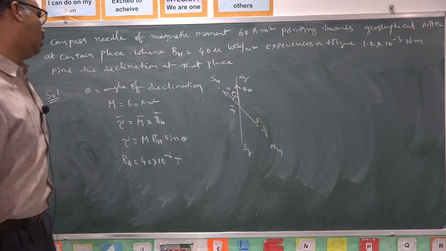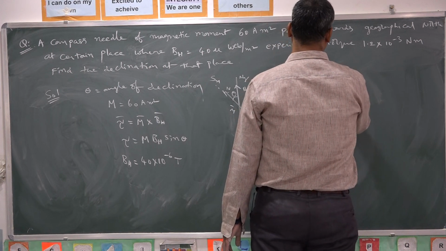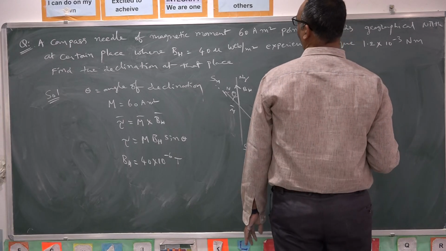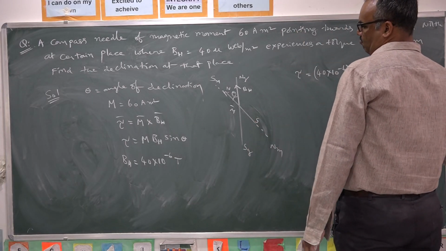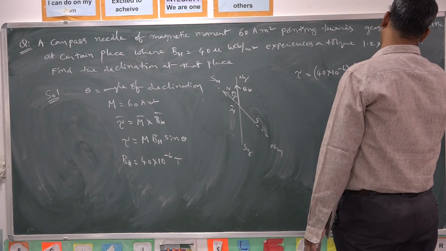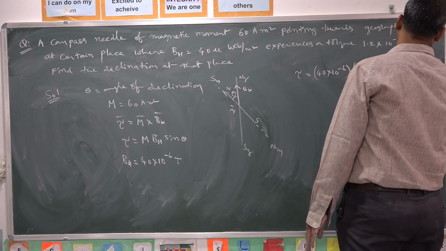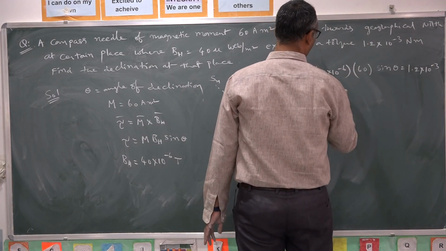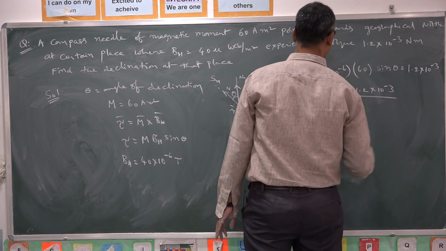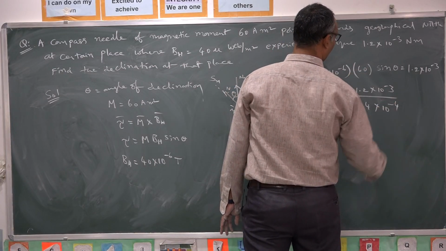Now, tau is equal to M B: 40 into 10 power minus 6 times the M value 60, sine theta, that is equal to 1.2 into 10 power minus 3. Now sine theta is equal to 1.2 into 10 power minus 3 by 24 into 10 power minus 4.